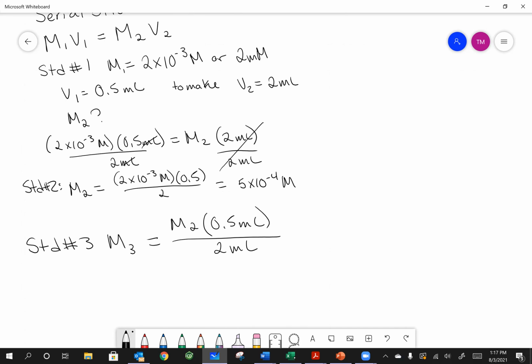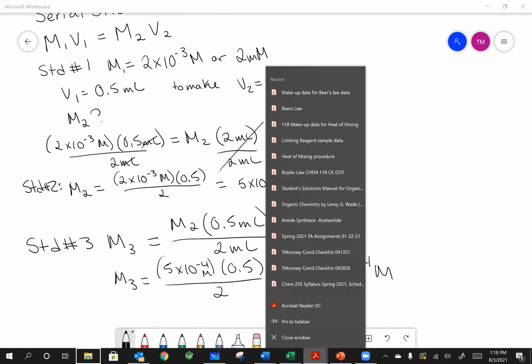This is the same exact thing, except we are substituting M2 into our equation. So M3 is going to be equal to 5 times 10 to the minus fourth molar times 0.5 divided by 2. And this is going to give us 2.5 times 10 to the minus 4 molar. Right, I'm going to double check that.